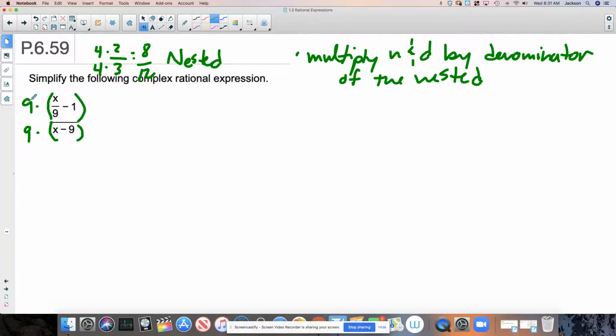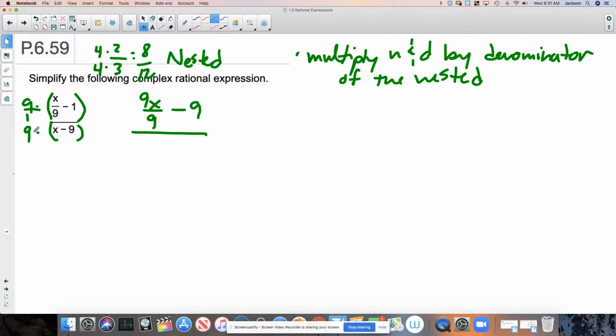What's going to happen when I multiply 9 by this first part of the binomial? Well, this is fraction math, hopefully we're comfortable with this, but 9 is really 9 over 1, as a fraction. So when I multiply an integer by a fraction, I can just put it over 1. So this is 9 over 1 times x over 9, right? And we can go slow here. This is 9x over 9. Then when I do 9 times 1, I end up with just minus 9.